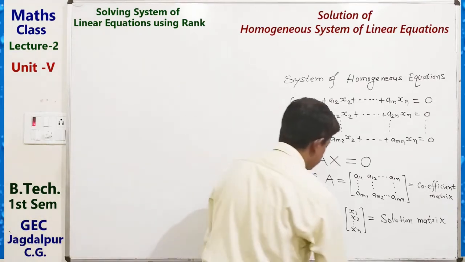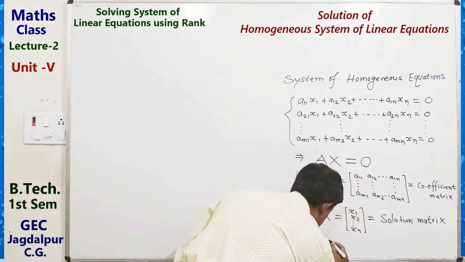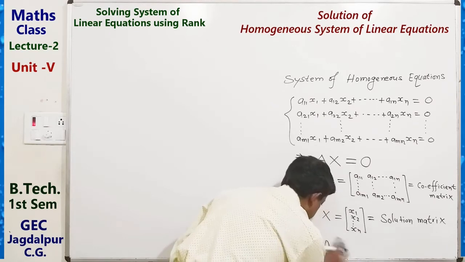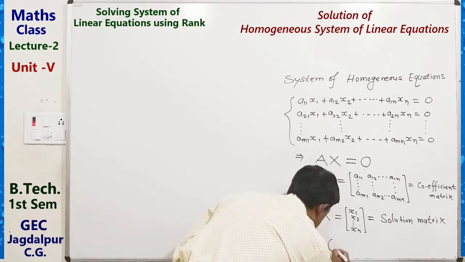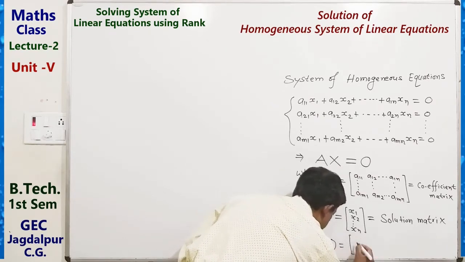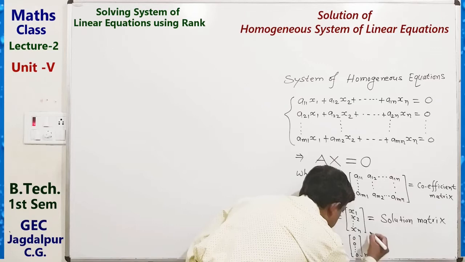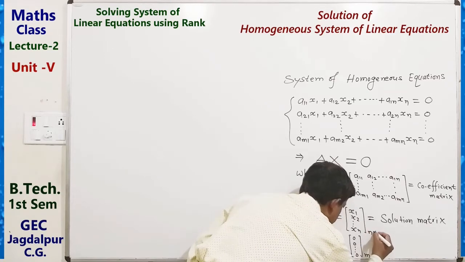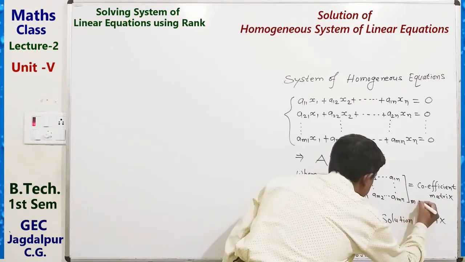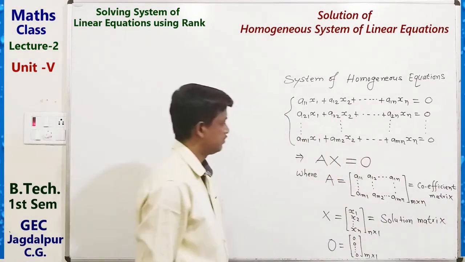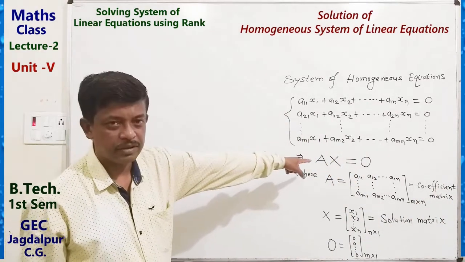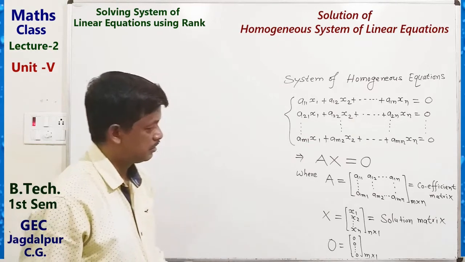And O is the zero matrix. This is m by 1, this is n by 1, and this is m by n. This is the system of homogeneous equations.